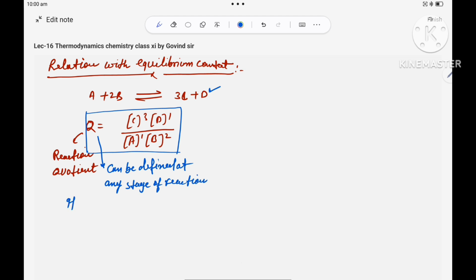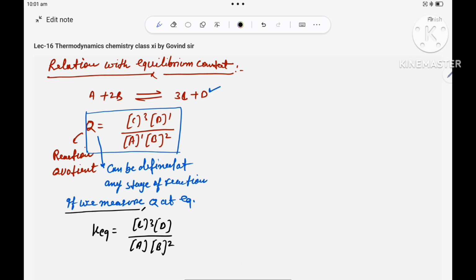So if we measure Q at equilibrium, then Kc is equal to Q. So the equilibrium constant has the same form, C to the power 3 into D over A into B to the power 2.